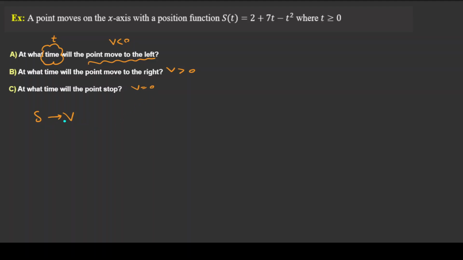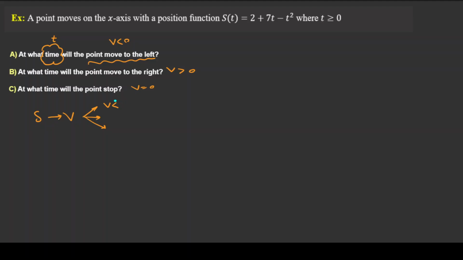Okay guys, the process to solve this example: we have a position function, we differentiate it to find v, and then do parts A, B and C. Part A, find t when velocity is negative, so the point moves to the left.